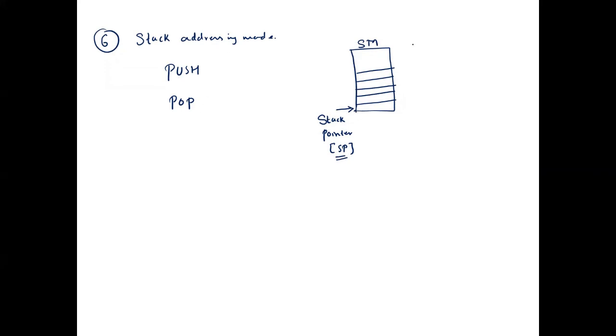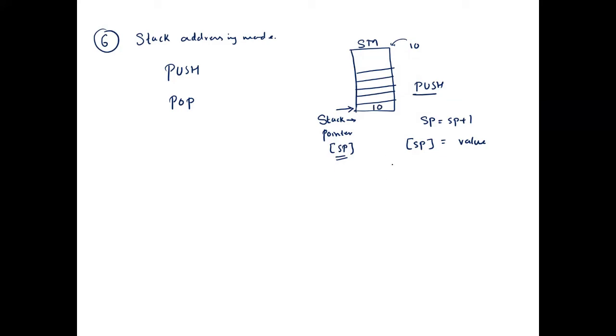Say, if you want to push content inside the stack memory, the SP value must be incremented by 1, and then in that location it is going to put the value. Say, 10 is the value.